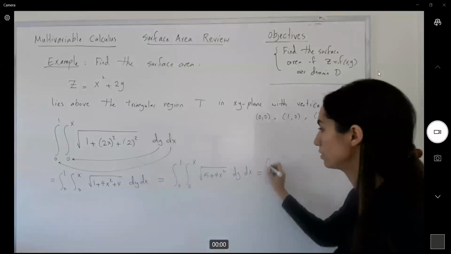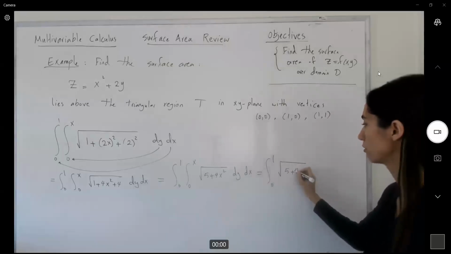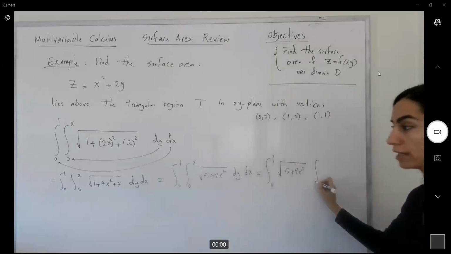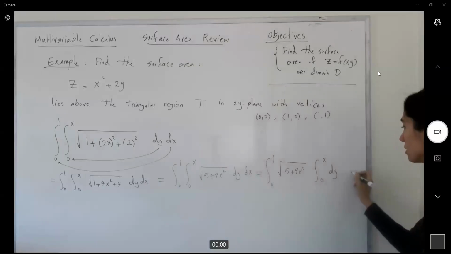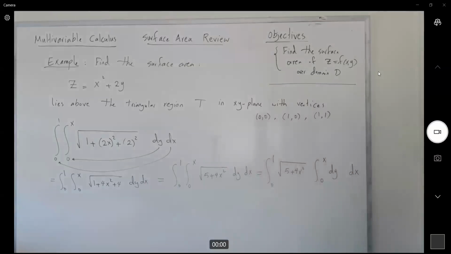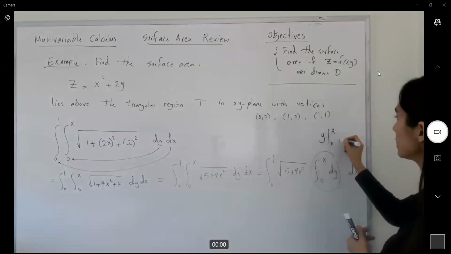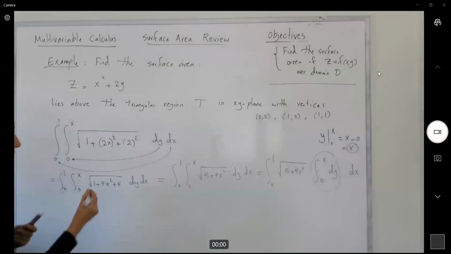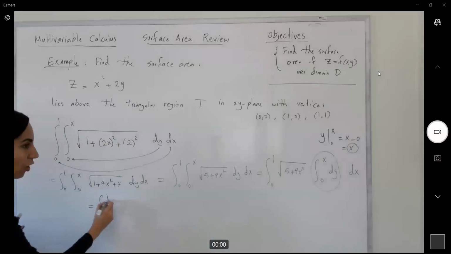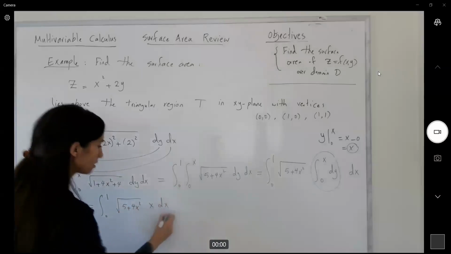This can be written as the integral from 0 to 1 with the square root of 5 plus 4x squared outside the inner integral from 0 to x of dy. Then take the integral with respect to x. The integral of dy, with y ranging between 0 and x, is x minus 0, or x. So here we have the integral from 0 to 1 of the square root of 5 plus 4x squared times x dx.